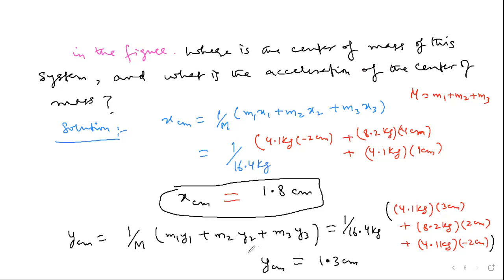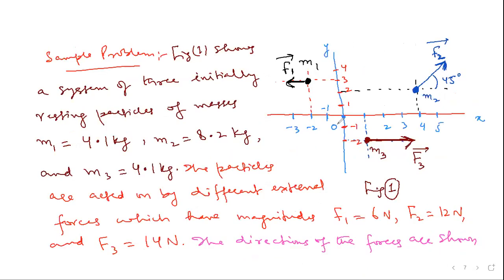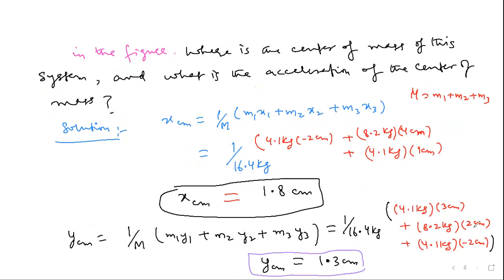So we have found the location of the center of mass. Its xcm is 1.8, ycm is 1.3. Let's check these values. You can check it at home. It's 1 over 16.4 kg, then m1 y1. Check from the figure. m1 is here, its y coordinate is 3 centimeter, right? Then m2 is 8.2 kg, its y coordinate is 2 centimeter.